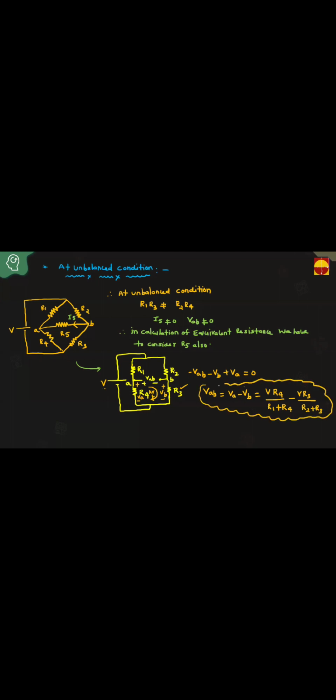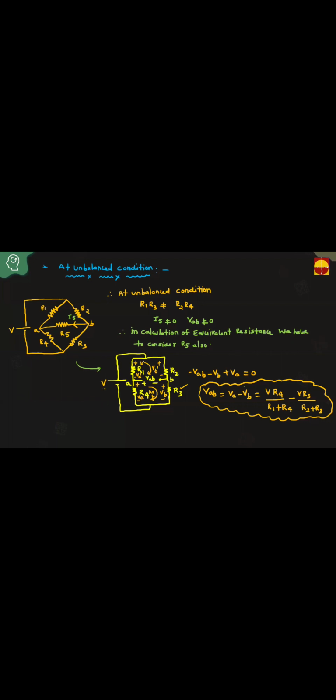This is important. Sir, I don't want to apply KVL here, I have to apply the KVL on the upper side also. If you apply it on the upper side also, you can get the same answer. Any formula, you can get the same answer. For example, let this be VA dash and this be VB dash. Then apply KVL here.